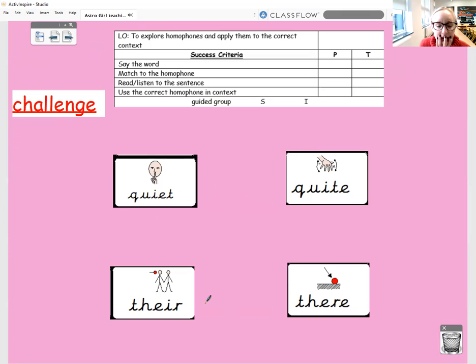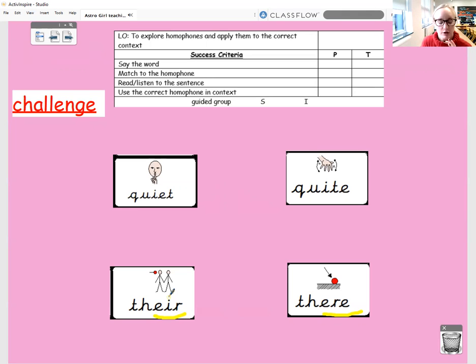I've also got there. And if you see here, it's spelled considerably different to the other spelling of there. So here I've got an E and an R, and here I've got an E, R and an E. So if we're using this form of there, then it's for possession, okay, when something belongs to you. So for example, I like their hat, or their shoes are red, or I like their toy car that they've got at home.